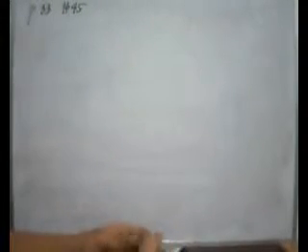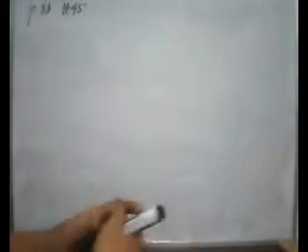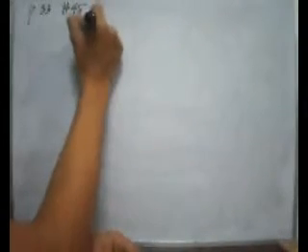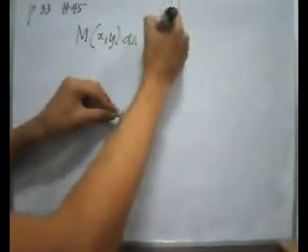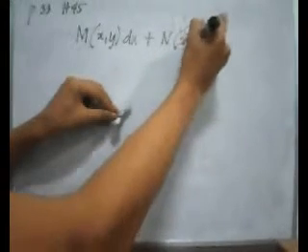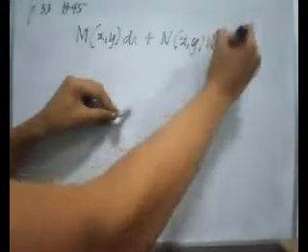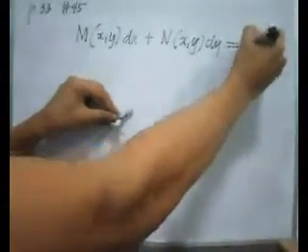Okay, so we have here page 33, number 45. This is actually a proving problem. Given is M(x,y) dx plus N(x,y) dy equals 0, and the initial condition is that this equation is homogeneous.